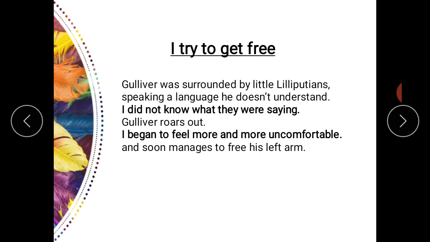Gulliver roared out, "Oh my God," he shouted. Why did he roar out? Because he says, "I began to feel more and more uncomfortable because my arms and legs were hurting." He could not move them.